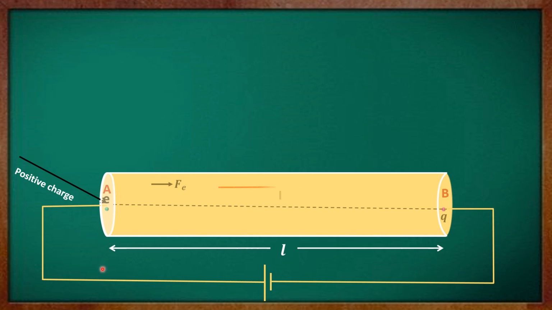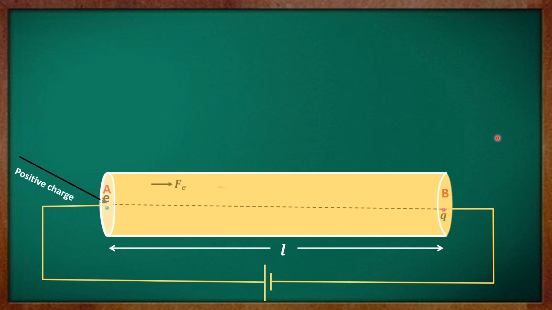Once again you can see here, positive charge is moving from higher potential to lower potential, whereas negative charge, that is electron, is moving from lower potential to higher potential. This is the positive charge, this is the electron, both are moving in opposite directions.